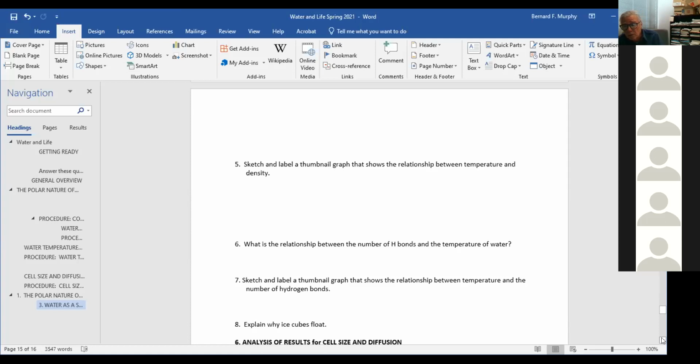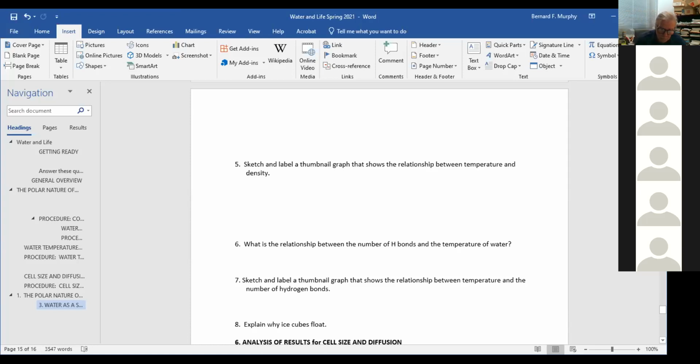So put temperature on the x-axis and density on the y-axis. And what's this curve going to look like? An inverted V. That is, if you have low density at the bottom and high density at the top, because remember, water is most dense at 4 degrees.